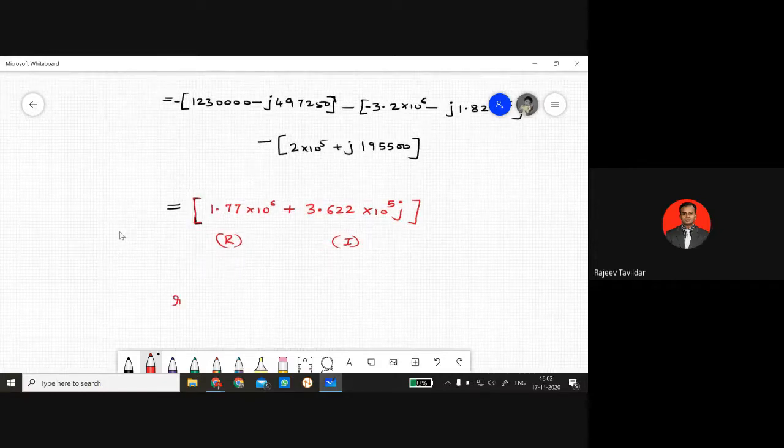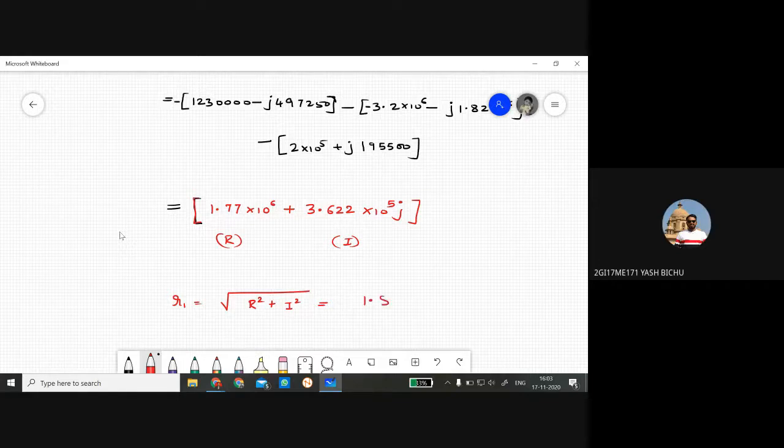Now I can calculate the value of R1 as the square root of real term square plus imaginary term square. So it's 1.77 into 10 raised to 6 square plus the imaginary term square. I'm getting 1.806 into 10 raised to 6.